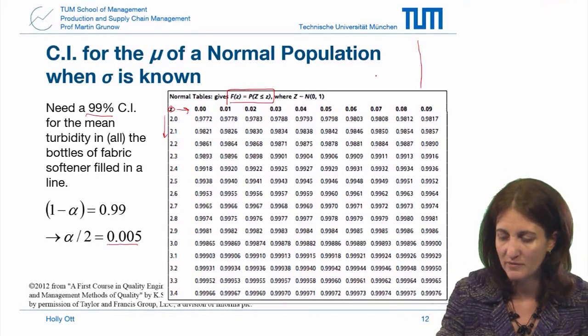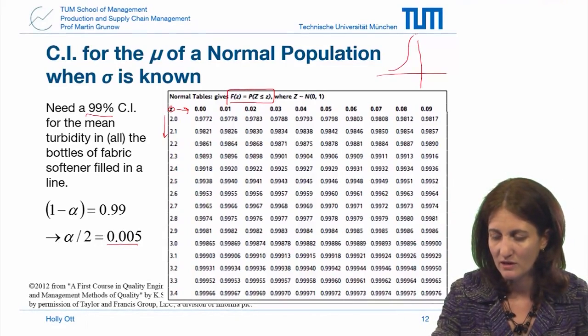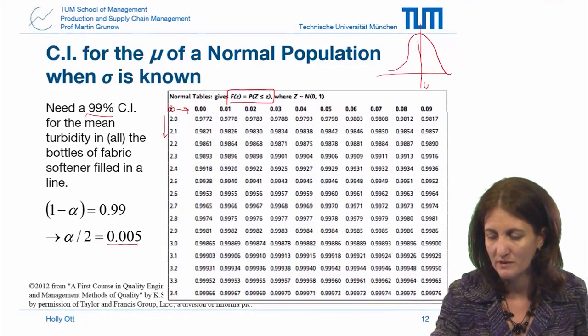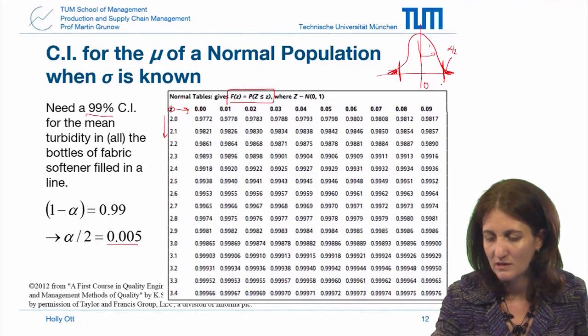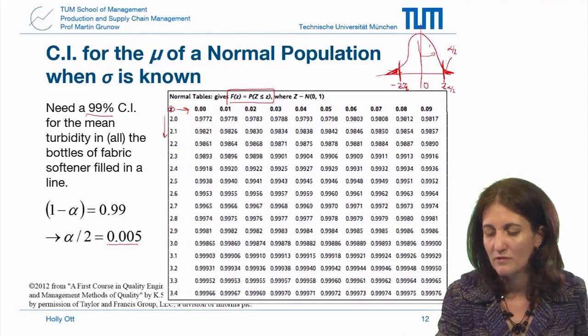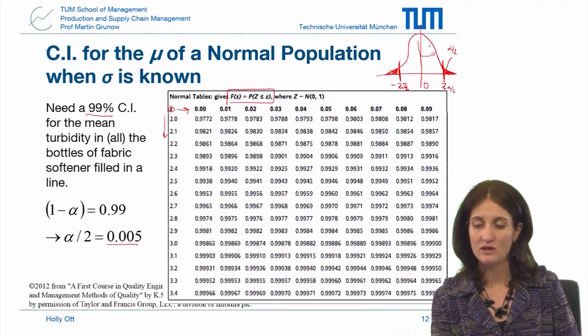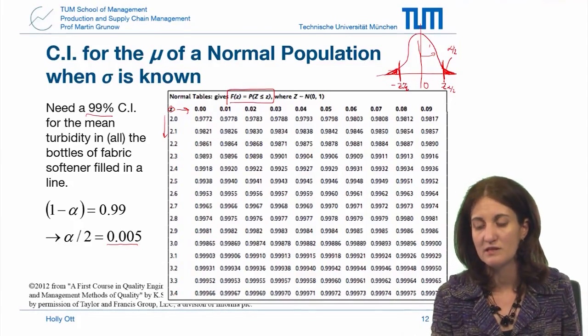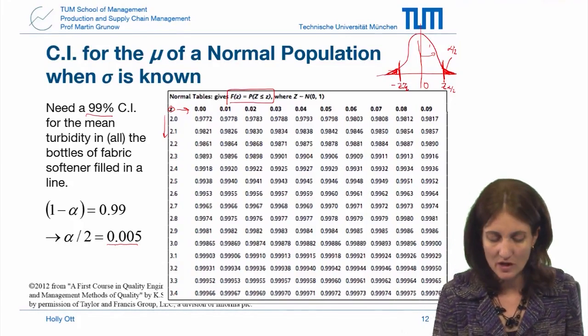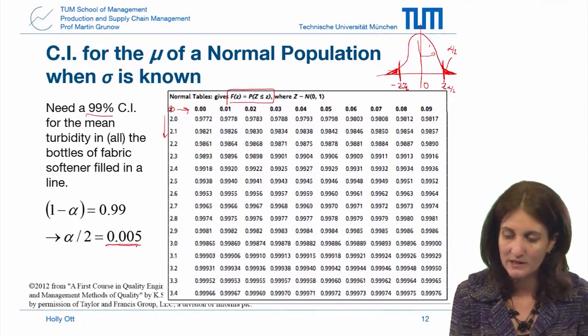So if I can draw that up here, if we have our standard normal table, 0 and 1, we are looking for the z values, z alpha over 2 and minus z alpha over 2, where these small little tails, the probability that our random variable z will be either greater or less than those z values will be just alpha over 2. So alpha over 2 is here 0.005.